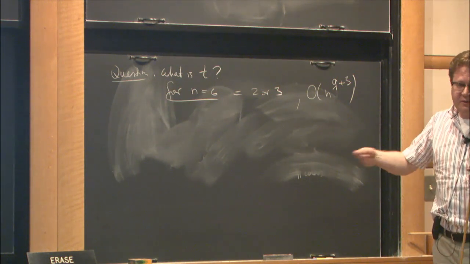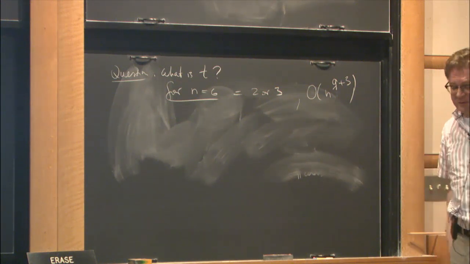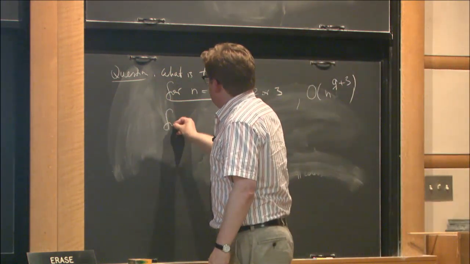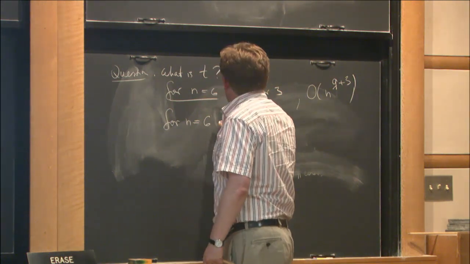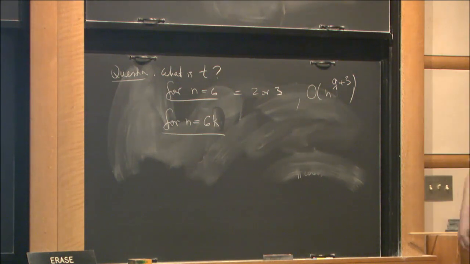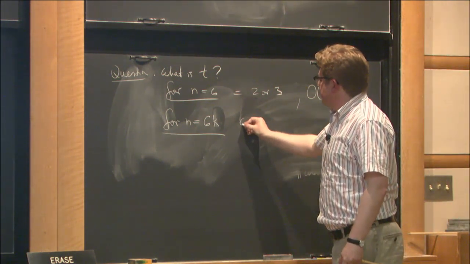You have a number of processes, how long will it take? Some function, exponential, sub-exponential, polynomial, and so on. But here's a strange thing. So I proved that if you take n equal not just to 6, but to any multiple of 6, then you can still do with 3 rounds.